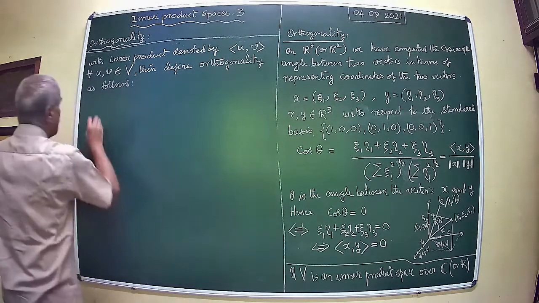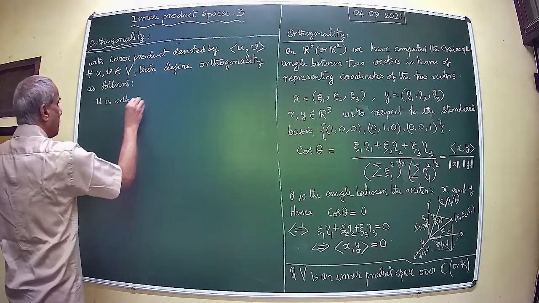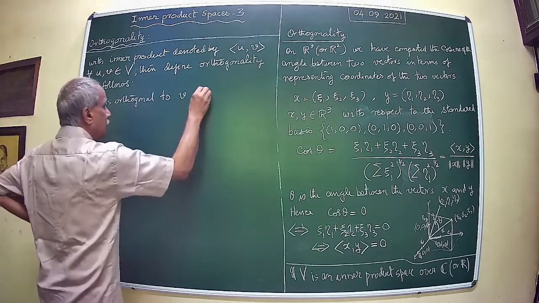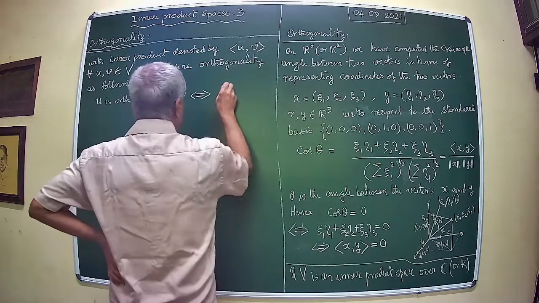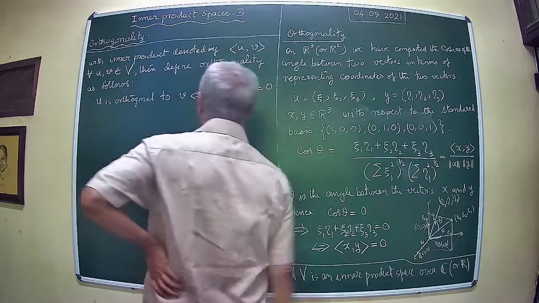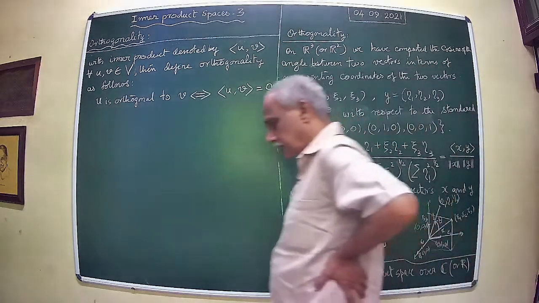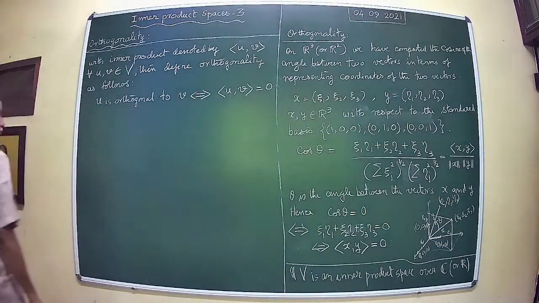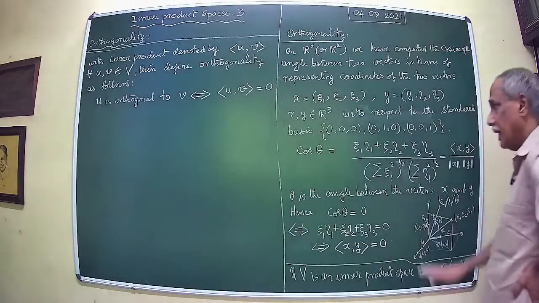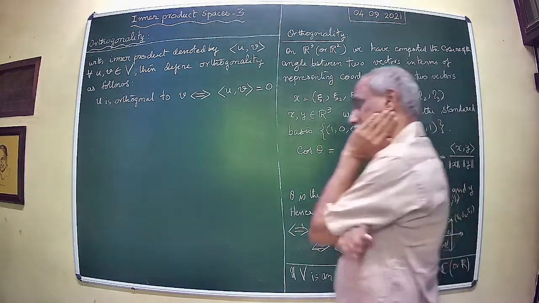We say that U is orthogonal to V if and only if inner product of U with V equal to 0. That's the definition. This is the natural generalization of what we have observed in R3 or R2.